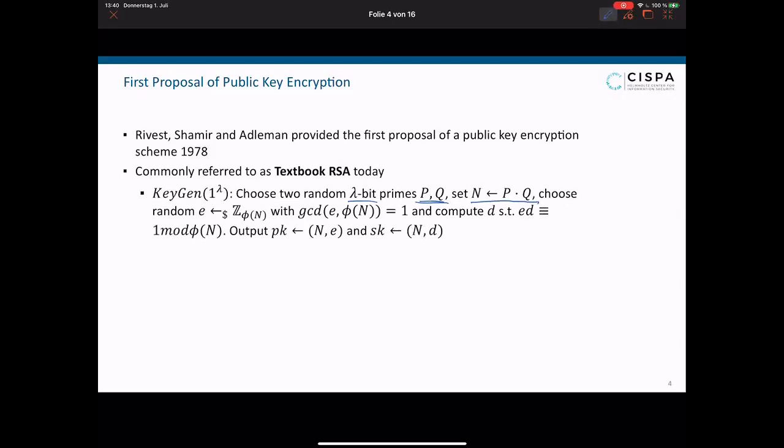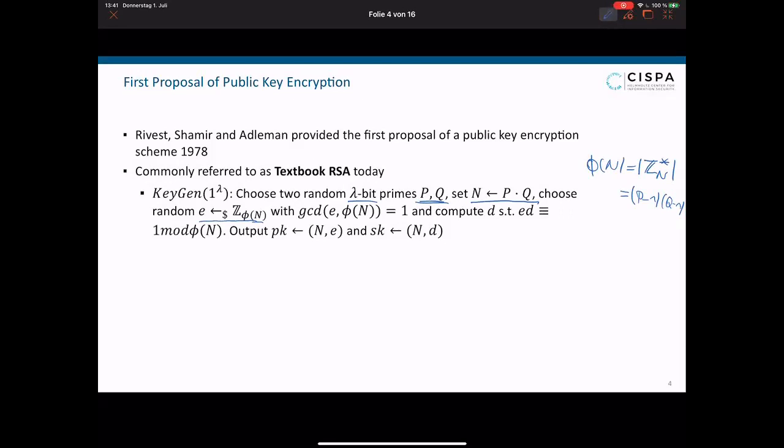Then it chooses a random e from Z phi of n, and remember, phi of n is the order of the multiplicative group Zn star. That's the phi function, and of course we can compute this as (p minus 1) times (q minus 1). We've seen that using the Chinese remainder theorem.